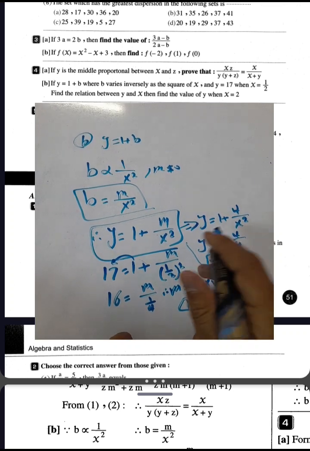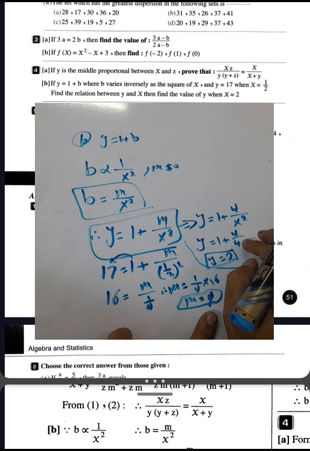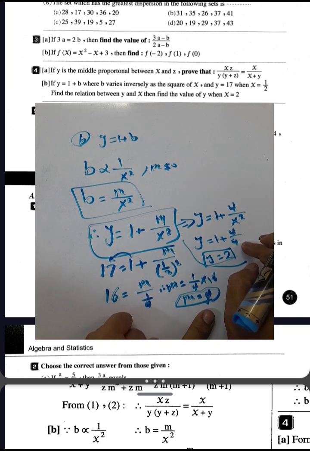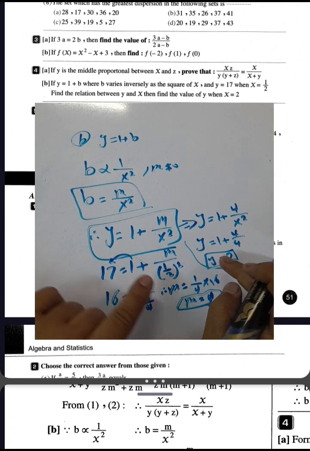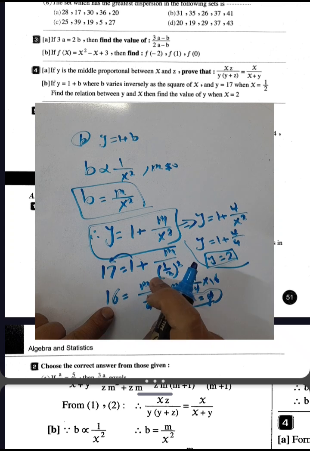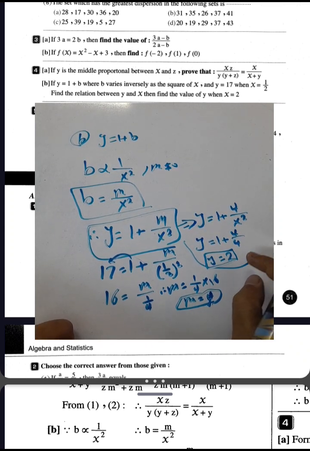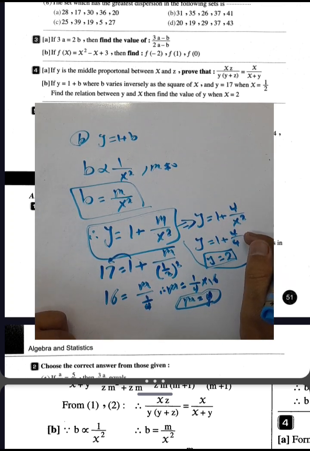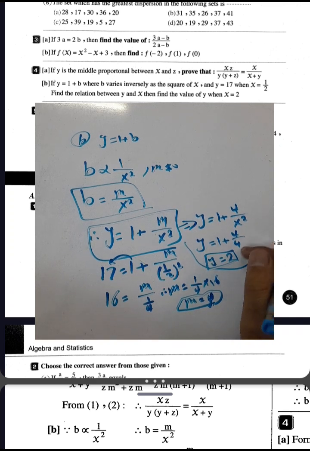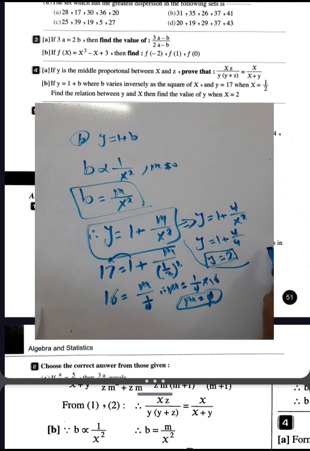Then put x equals half, power 2 is one quarter. 17 minus 1 is 16, m over one quarter, m equals 16 times one quarter, equal 4, the constant was 4 here. And then put x equal 2, power 2 is 4, you can find the value of y when x equals 2.